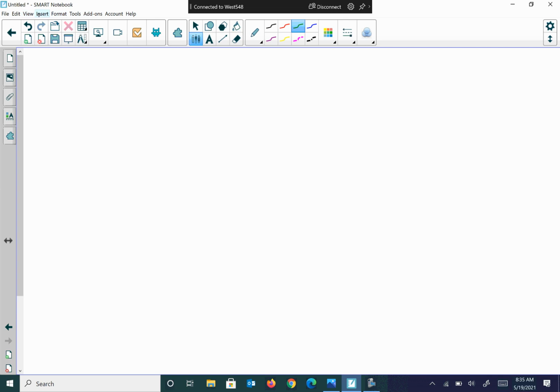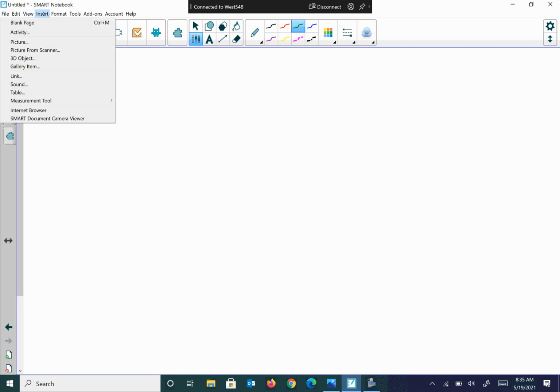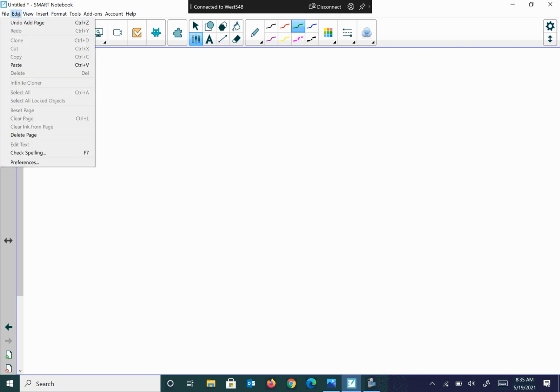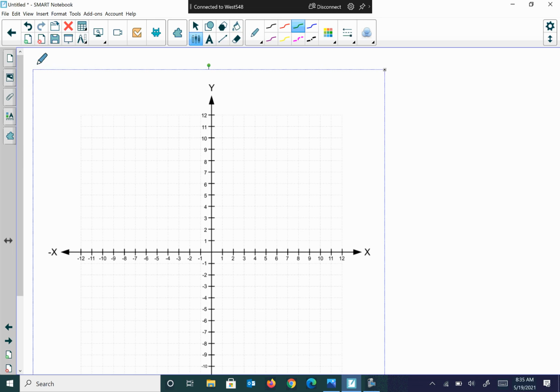4. Insert. Paste. Number 4 looks like this. Y equals 1/2 x plus 5, and then y equals negative 2x. These aren't cover method.